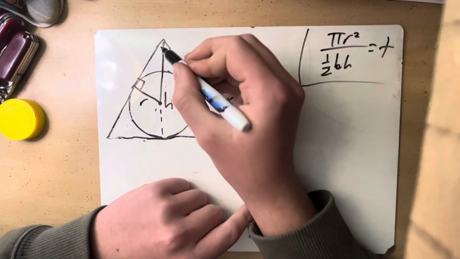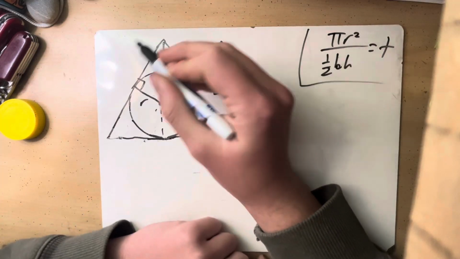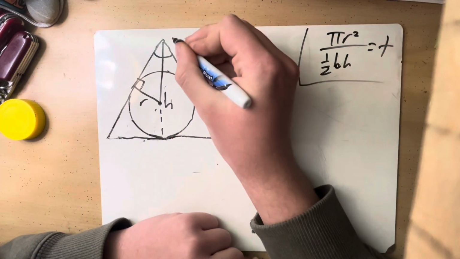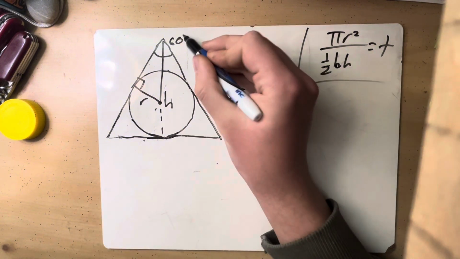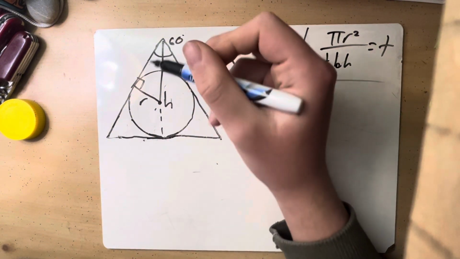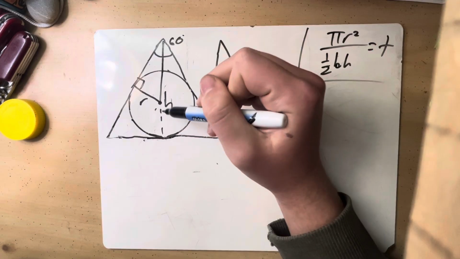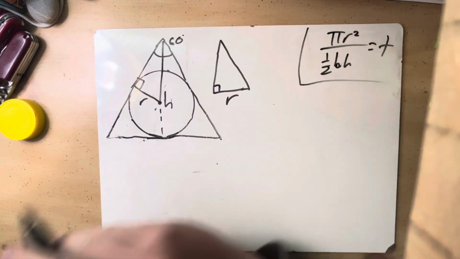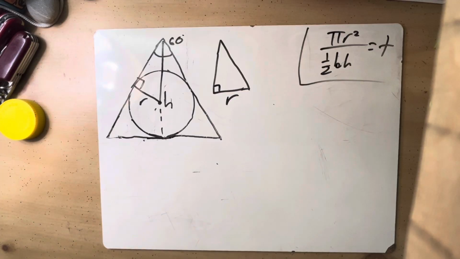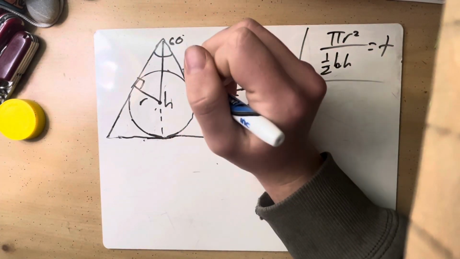Well, up here, this angle in total is 60 degrees. We know that because every angle in an equilateral triangle is 60 degrees. Now, if this is the incircle, and we draw a line from the center to a corner of the triangle, then this line will bisect the angle.